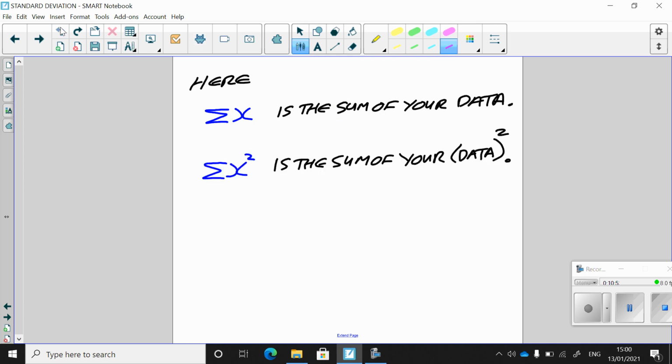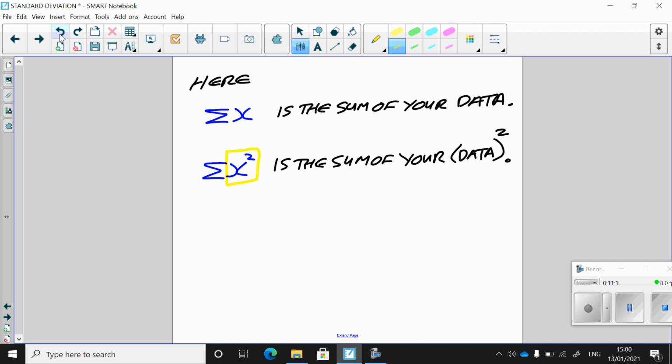Right, so that's in the formula. Next thing, the sum of your data squared. So that kind of W on its side, that's the same. But what's this x squared? If you have to square a number, you multiply it by itself, but use your calculator. So if it was 5, 5 squared is 25. If it was 6 squared, it's 36. 7 squared, 49.